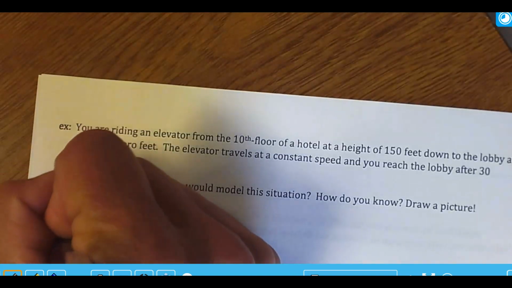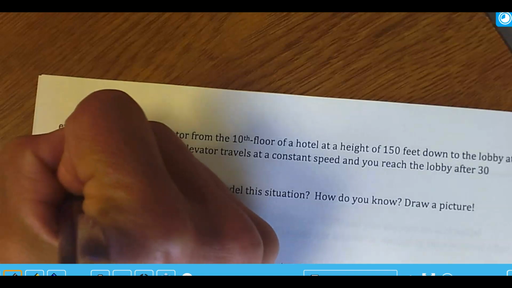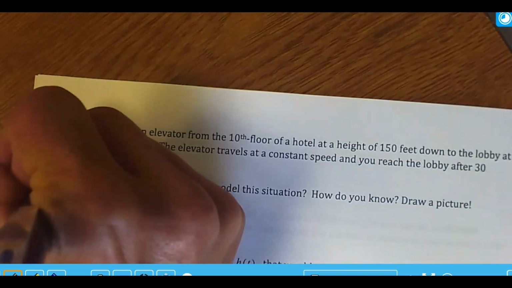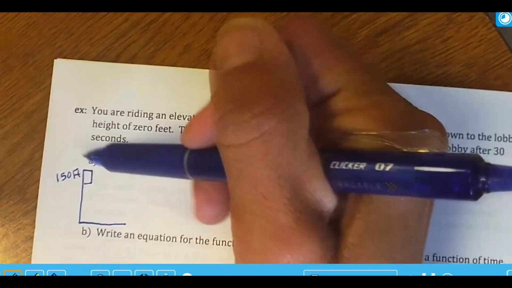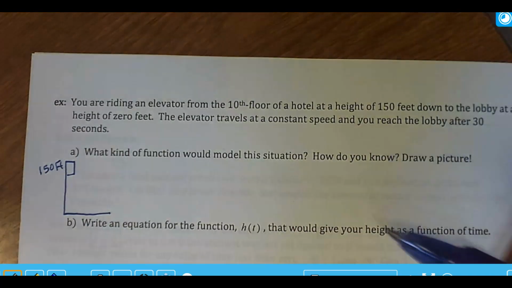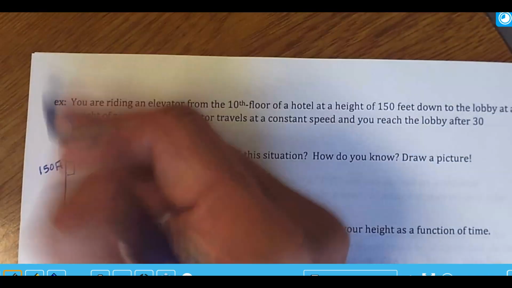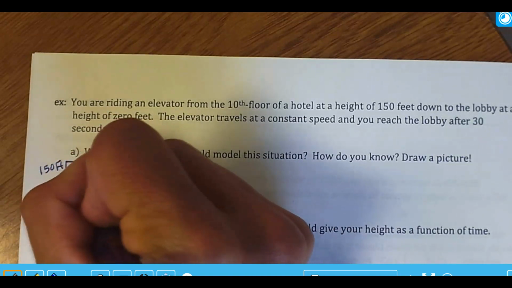So here's my building right here, and then this is the ground floor. So all the way here is my elevator, and I'm right at 150 feet. So everything over here will be representing feet. And then what happens is it starts to travel straight down, but it's over a period of time. So time is going to represent my x-axis.